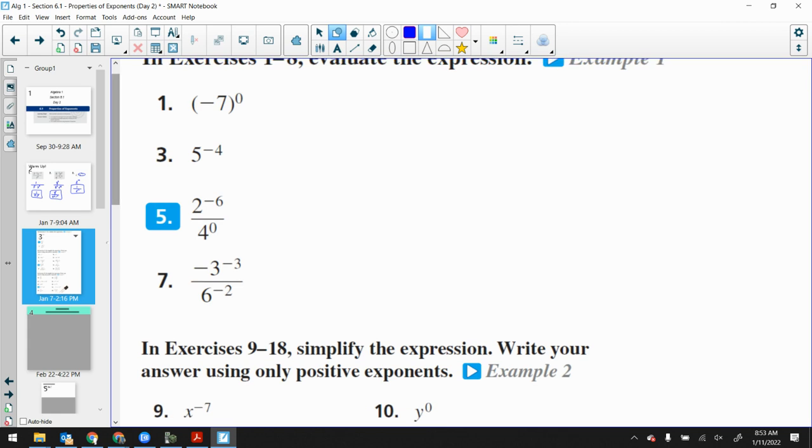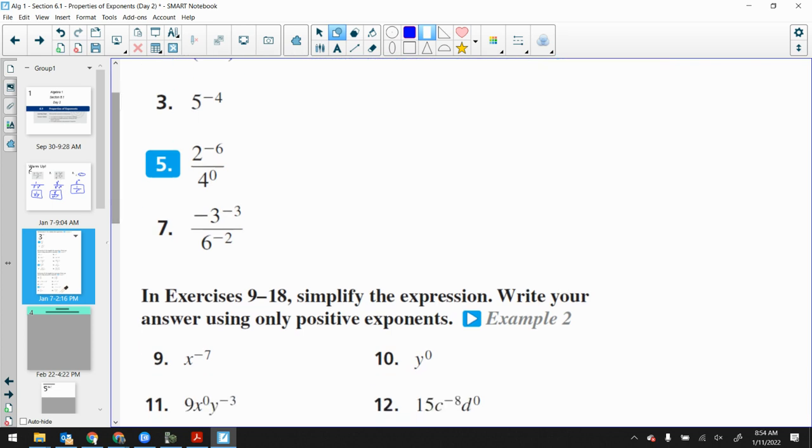Okay. Let me first start off. Are there any questions 1 through 7? Just 1 through 7. You're gonna go over number 7, because this one we have to reduce a little bit, and you might not have caught that. Let's take a look here. Is the -3 happy? No. Is the 6 happy?